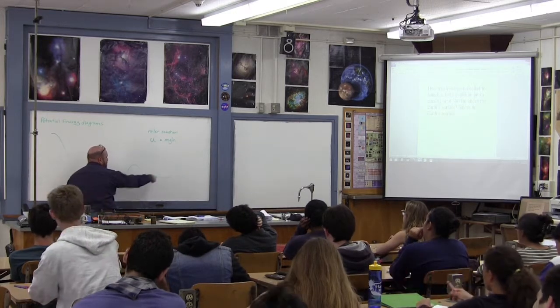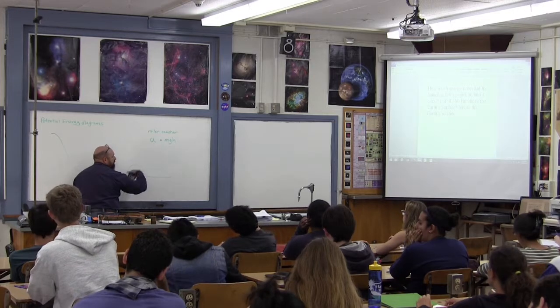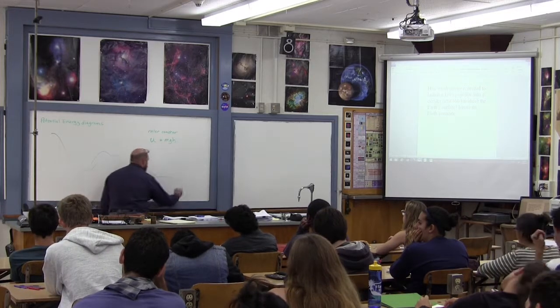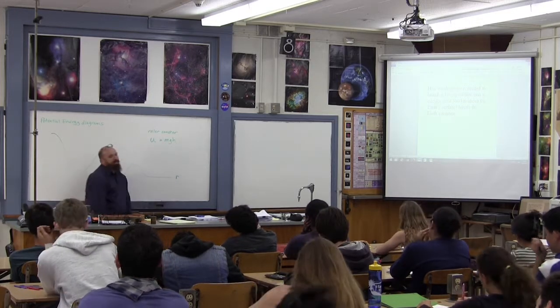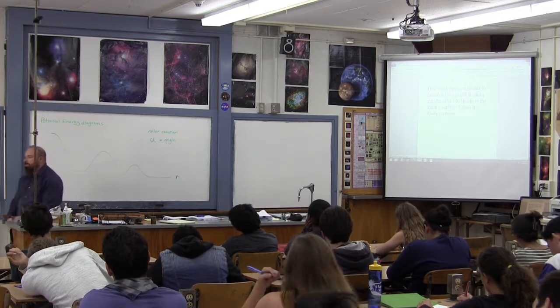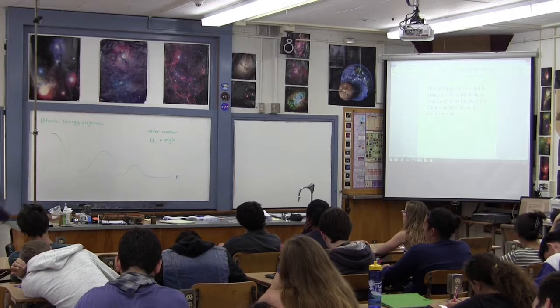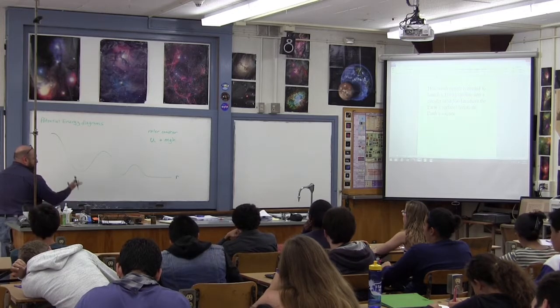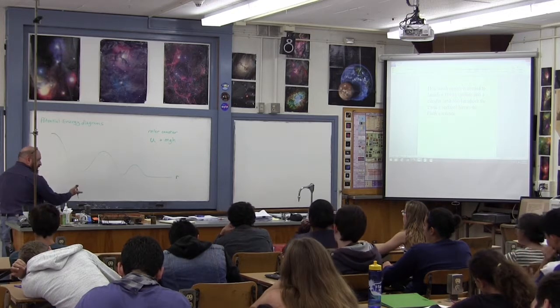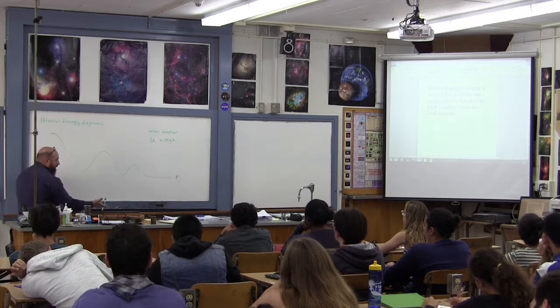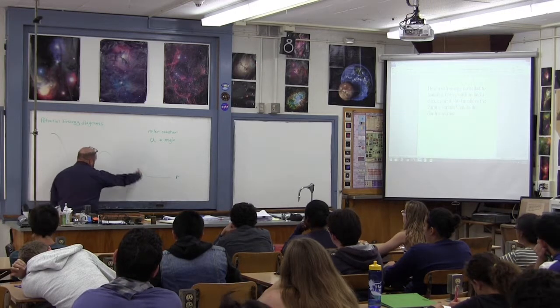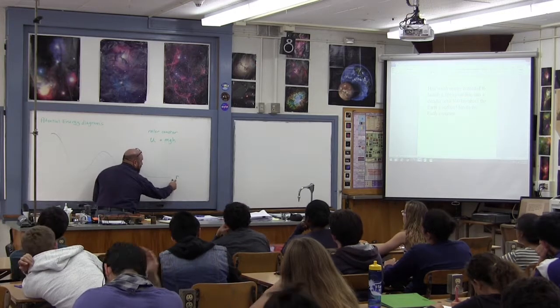Let's call this horizontal direction r. This is typically how it's described in this context for a potential energy diagram. What that means is that the potential energy itself, which is a function of the height h, is also a function of r, because the height of the track at any point depends upon where you are.